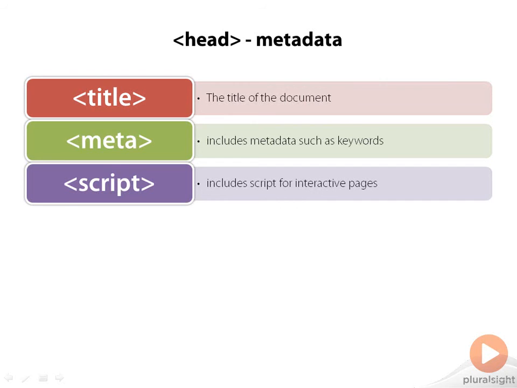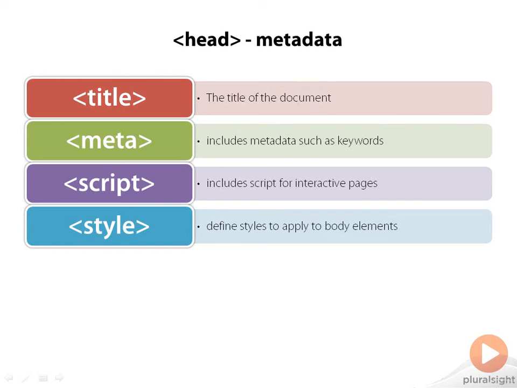We also have the script element where we can specify inline script, usually JavaScript, to allow you to create interactive pages and manipulate your markup after it's been rendered. We have the style element, which allows you to create inline style definitions using cascading style sheets.